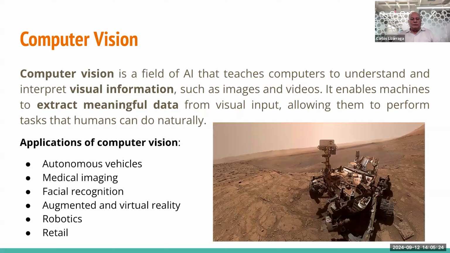Computer vision, as we know, appears in different applications. The idea is that a system or some software can try to make sense of some visual data and extract some meaningful information from this visual input.